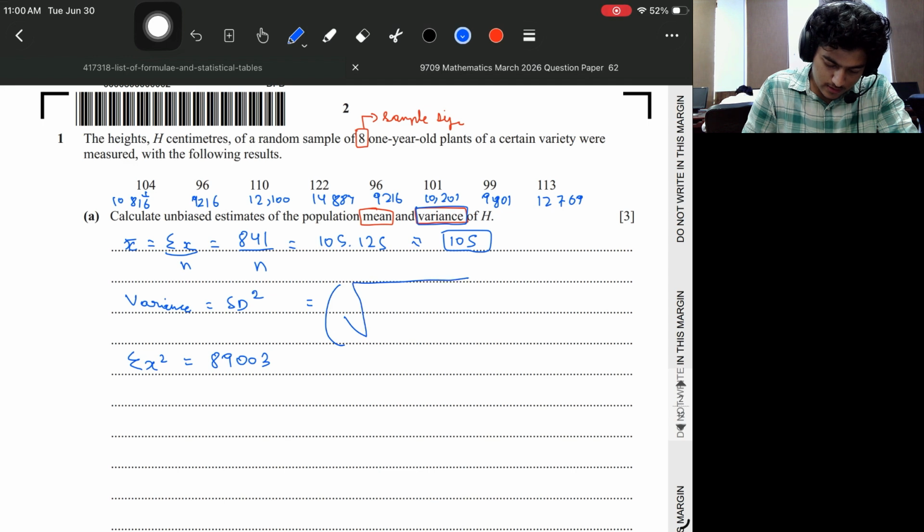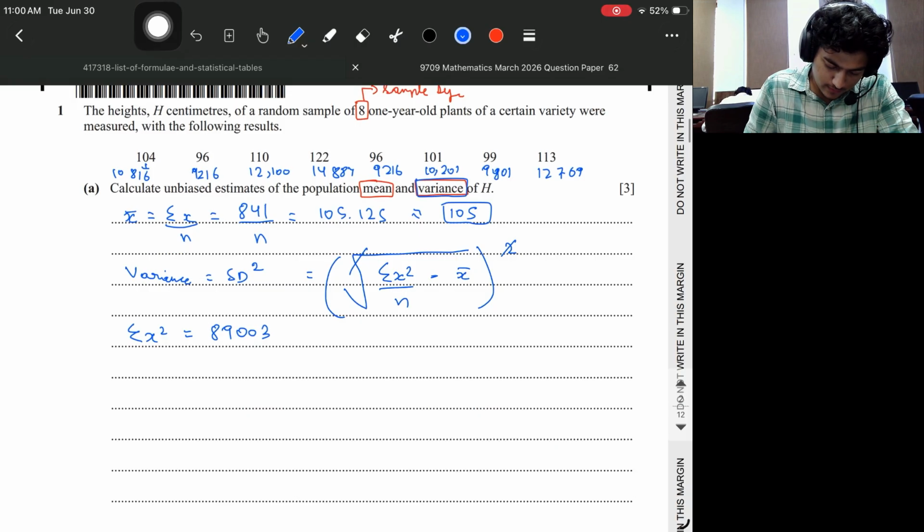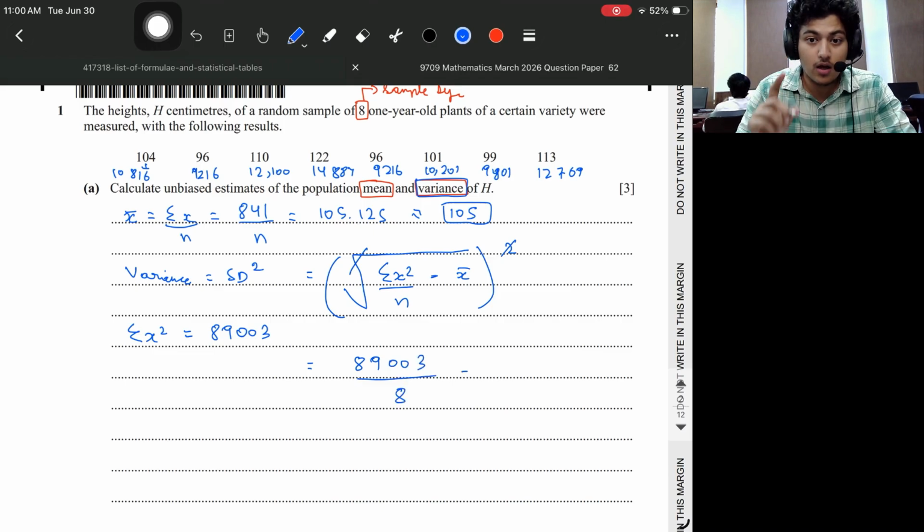Now, plugging it into the formula, especially for variance, it's basically just the square root of sigma x squared upon n minus the sample mean x bar, right? So when we square it, this cancels out. We are left with 89,003 divided by 8 minus 841 upon n, the whole thing squared. Remember to always use the exact value, right?